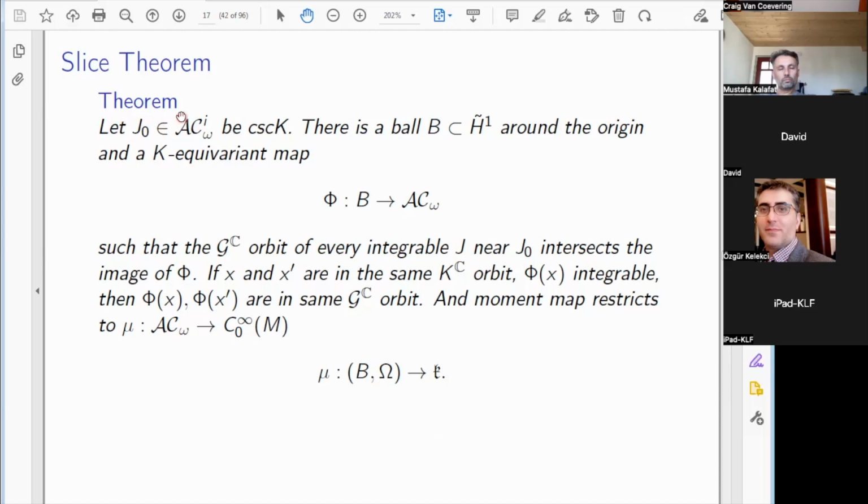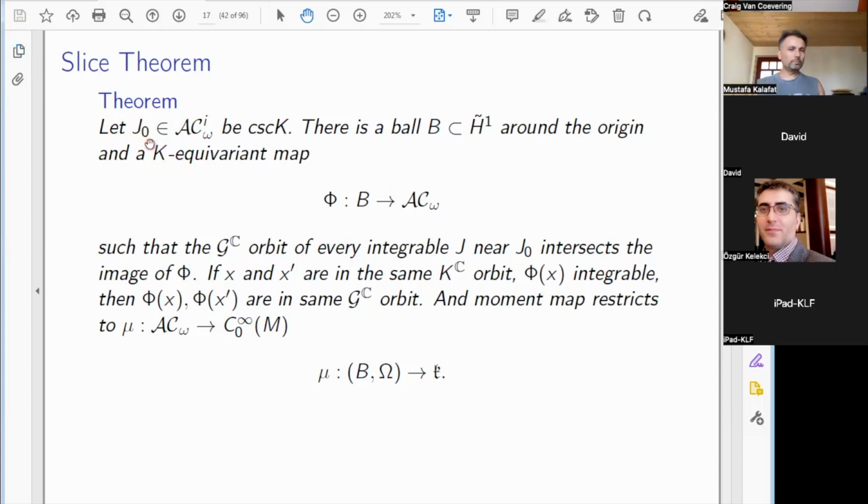so I guess I forgot to say here that the automorphism group, or isometry group, is a Lie group K. So this is a compact Lie group.